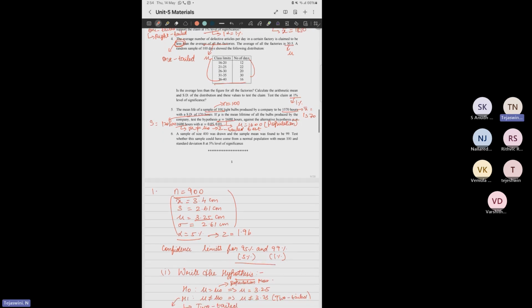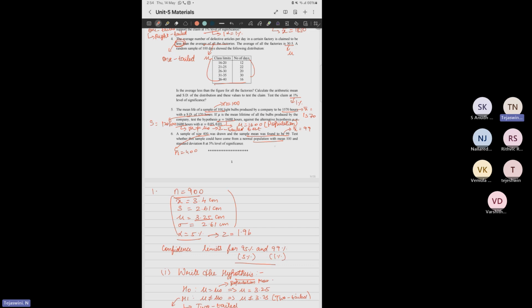And then for the sixth question, the sample size is 400. N is equal to 400. Sample mean x bar is 99. They're asking to test whether the sample could have come from a normal population with mean 100 and standard deviation 8.